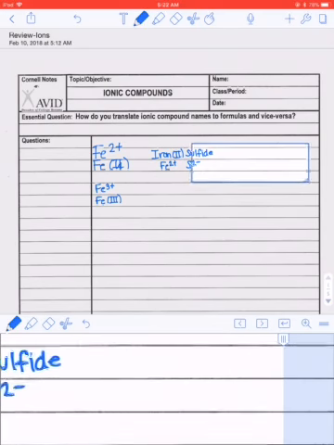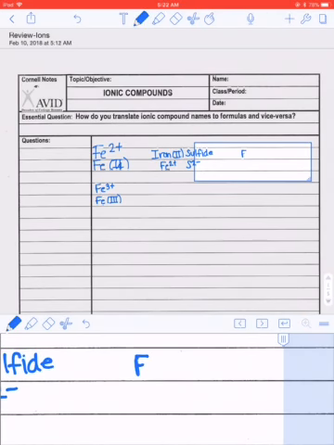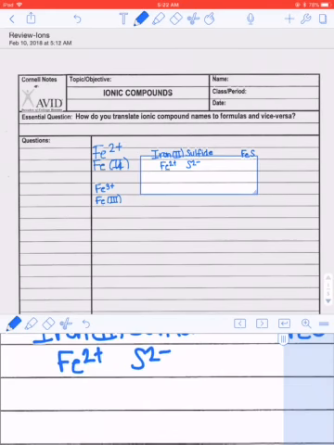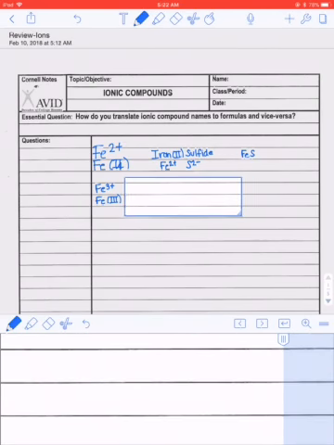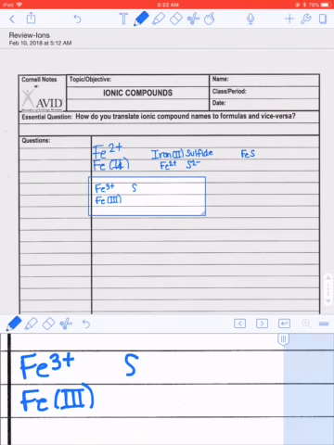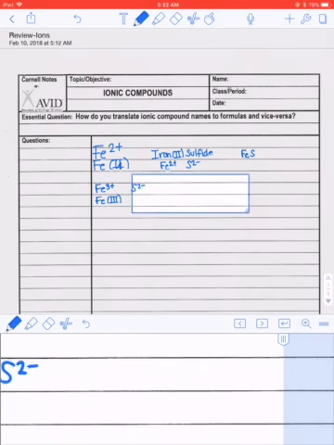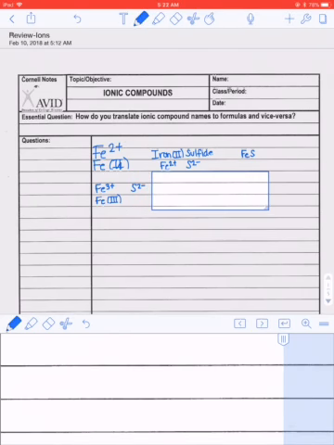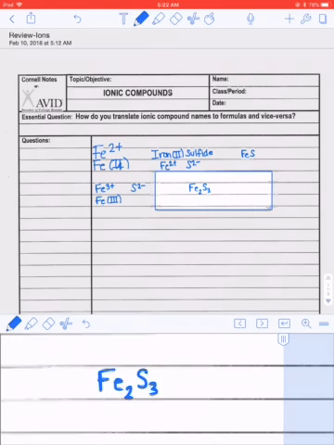So knowing your rule of zero charge, your formula would just be FeS, because you've got 2 plus, 2 minuses, they cancel out. But if you have Fe 3 plus and S 2 minus, then they don't cancel out, right? So you're going to have Fe2S3.